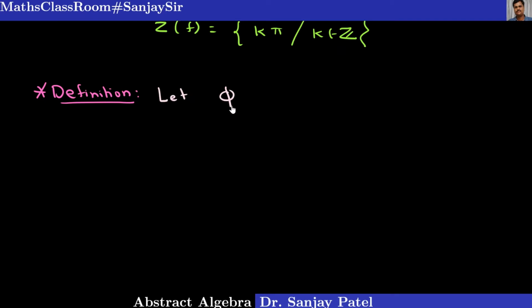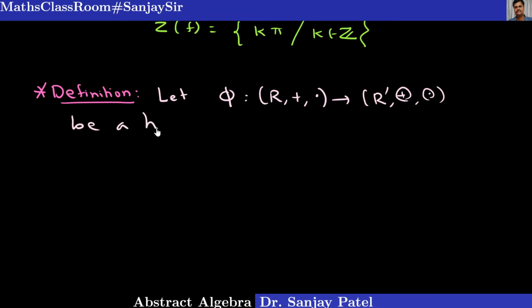Let phi be a homomorphism from one ring R to another ring R dash. So the two rings may be different. Let phi from R to R dash be a homomorphism.